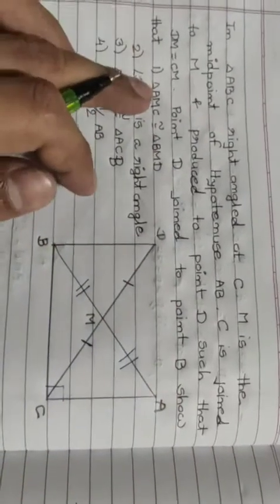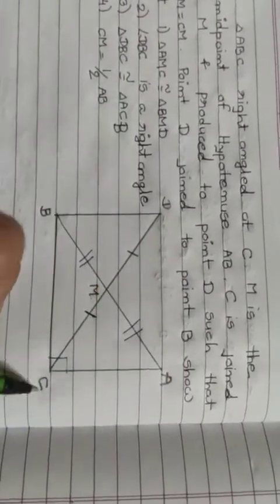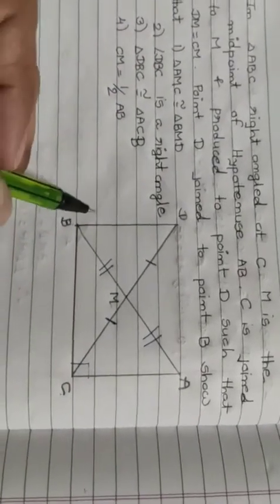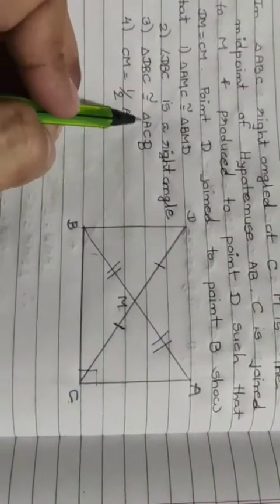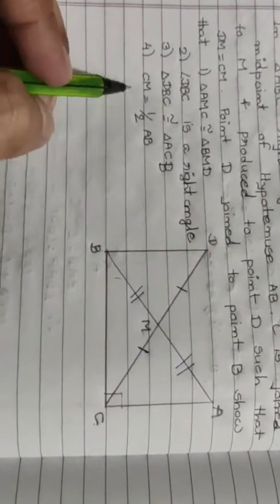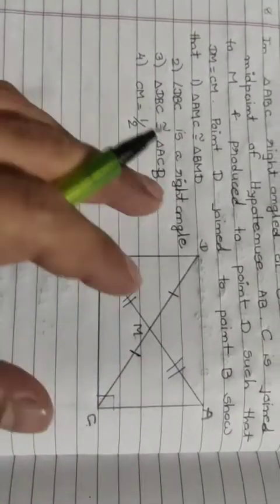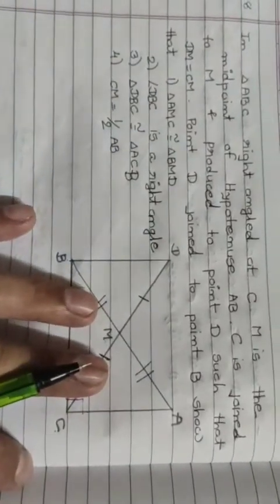So we have to prove triangle AMC is congruent to triangle BMD, DBC is a right angle, and prove DBC is congruent to ACB, and CM is equal to 1/2 AB. This is the most important example.